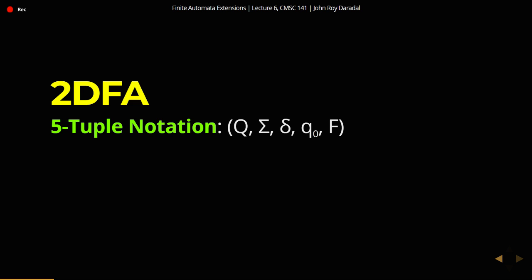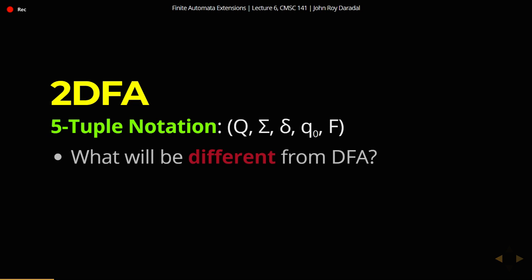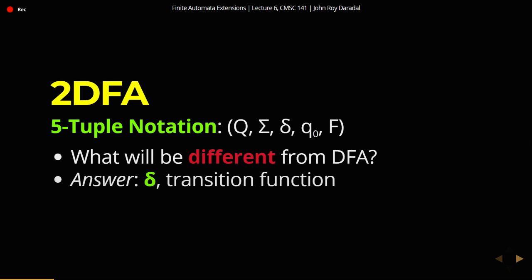Now for the 2DFA, it also uses a 5-tuple notation. So we still have the set of states Q, the input symbols sigma, transition function delta, start state q sub 0, and set of final states F. But what will be different from our normal DFA? For the 2DFA, the transition function delta will be different.